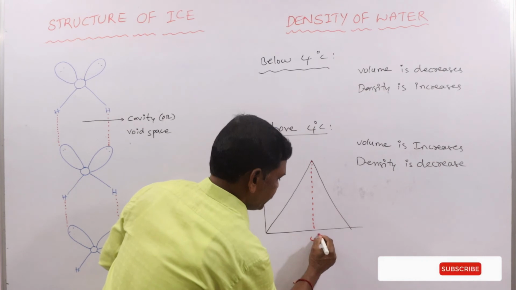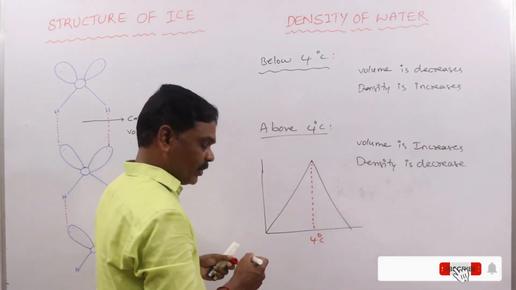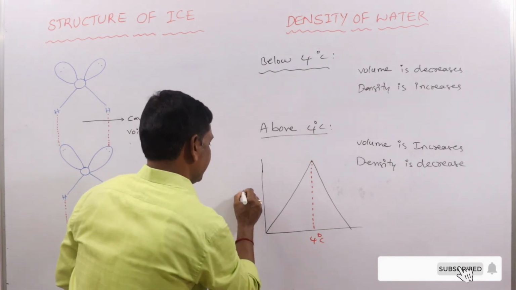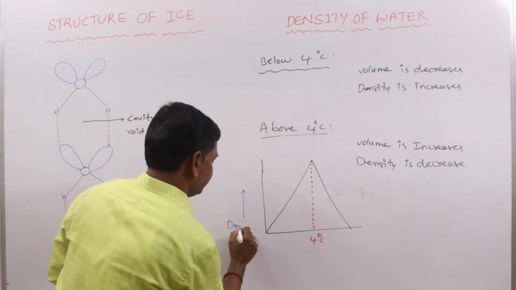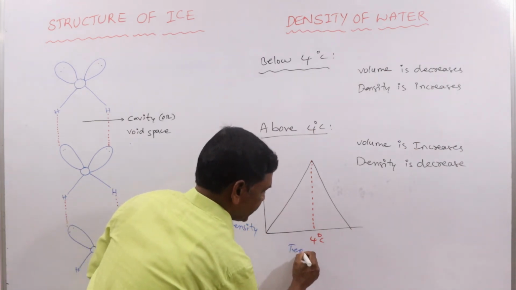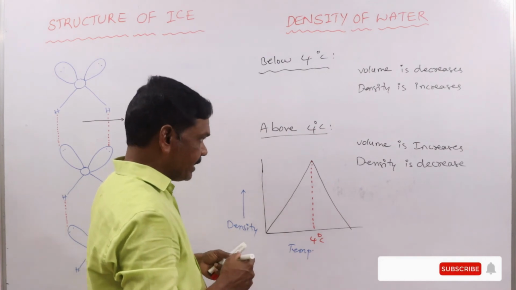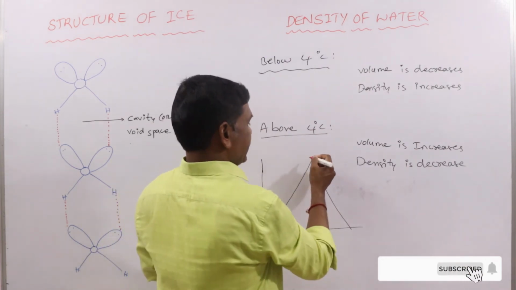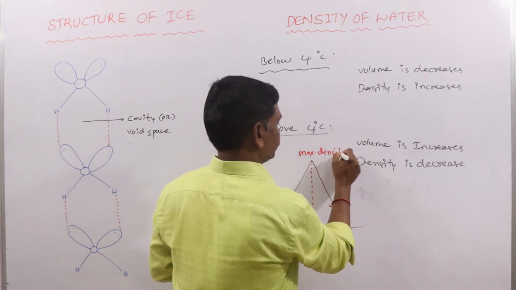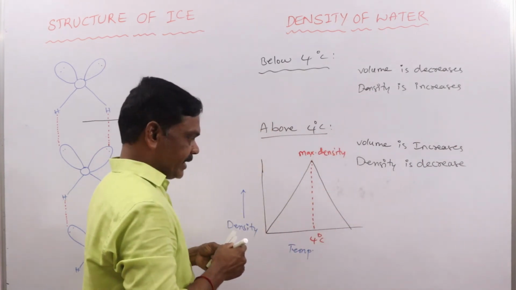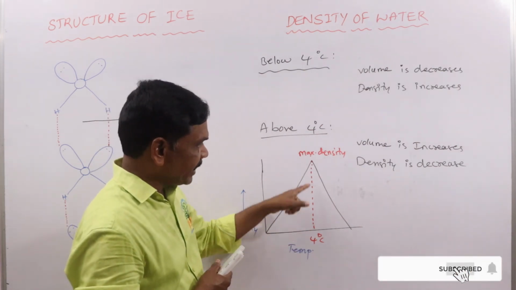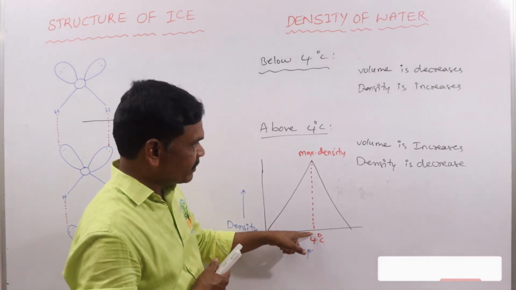So this graph shows that at 4 degrees centigrade, there is maximum density.